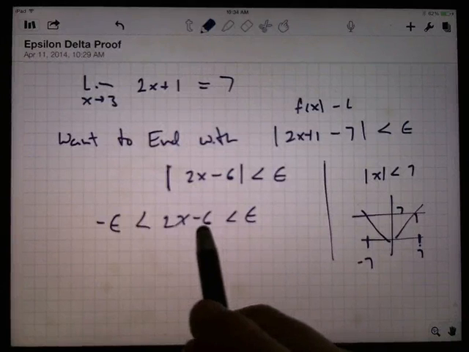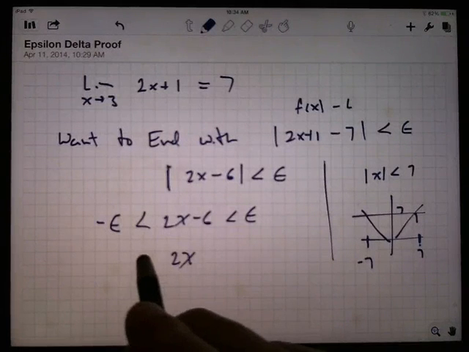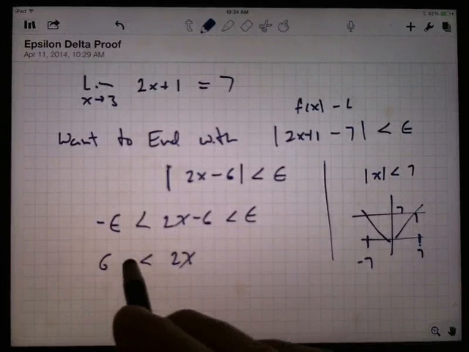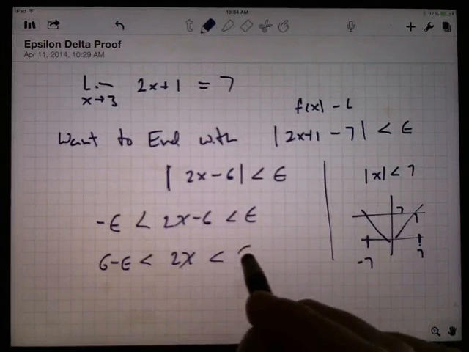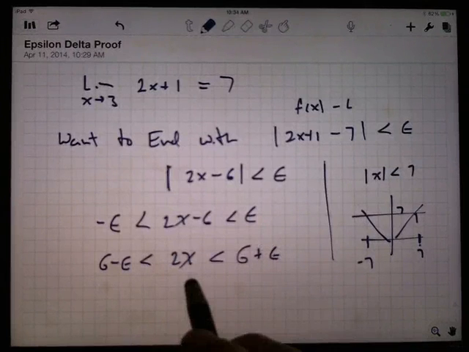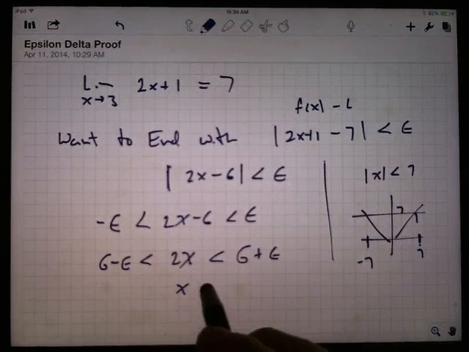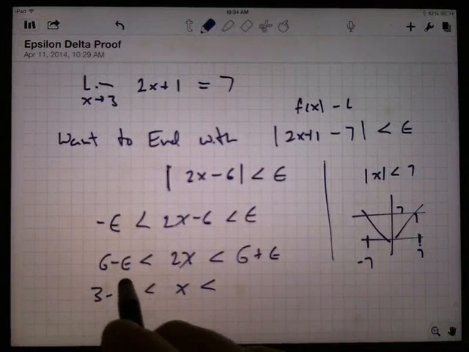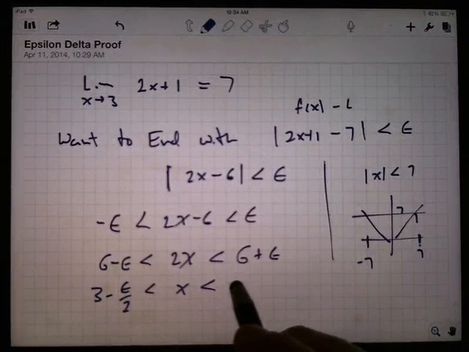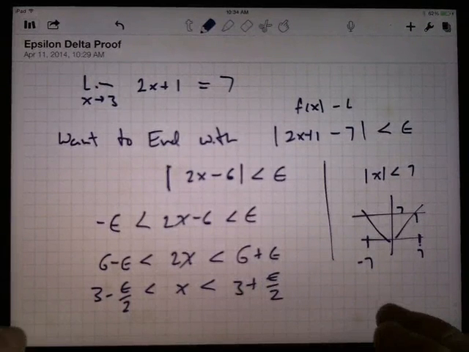Actually I'm going to do this two different ways, but let's add 6 to both sides here. So 2x is bigger than and less than, and divide everything by 2. So I've got x is between 3 minus epsilon over 2 and 3 plus epsilon over 2.